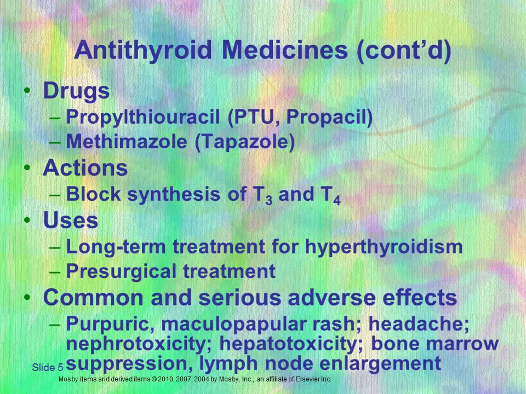They may experience a rash that usually will resolve on its own, headache that again will resolve on its own, nephrotoxicity, hepatotoxicity, bone marrow suppression. These are things that we want to be aware of.